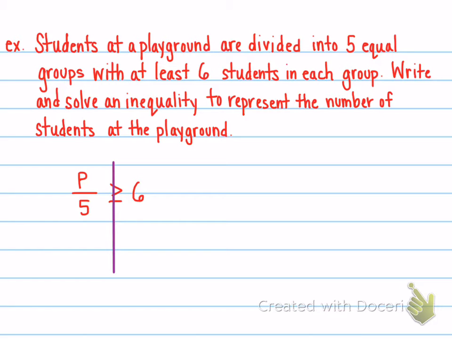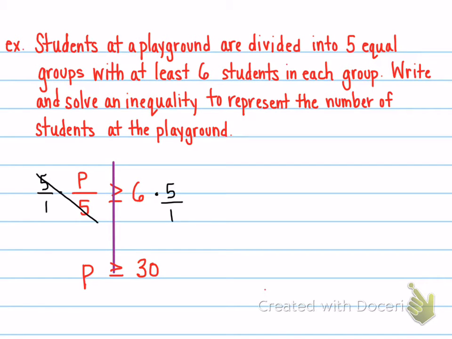Okay, this is a division problem. We know that we're going to divide. If it's division, we multiply by 5 over 1, so they cancel out, and multiply by 5 over 1. So it shows that P, the number of people on the playground, has to be greater than or equal to 30 for that group size to happen.